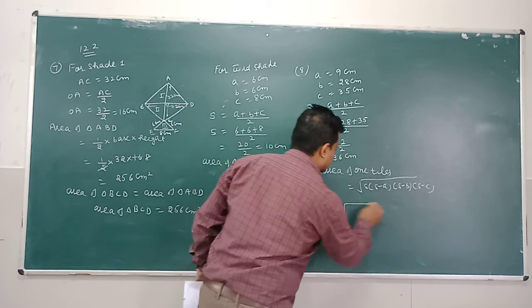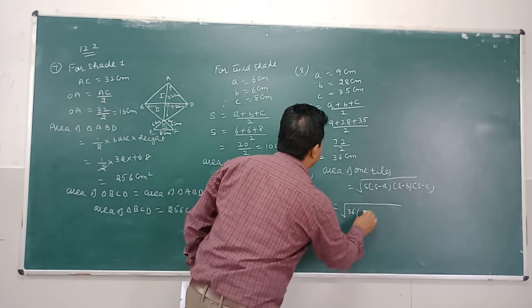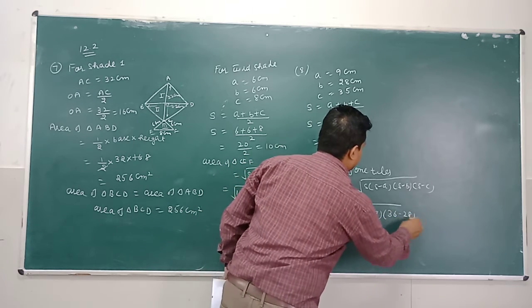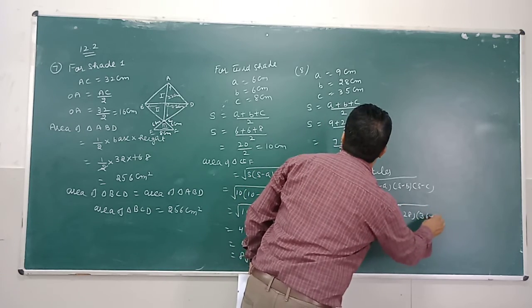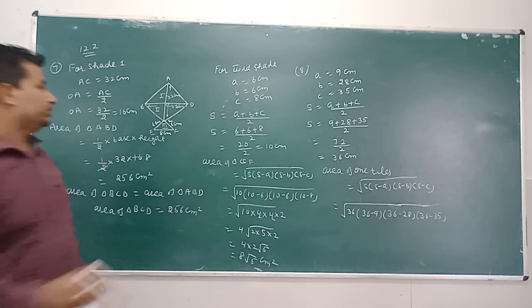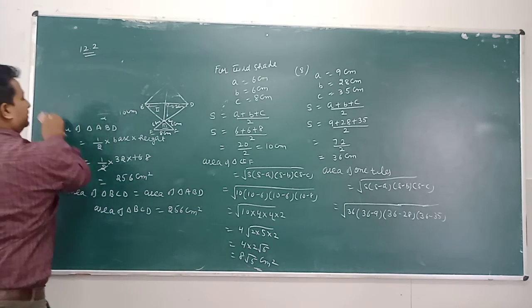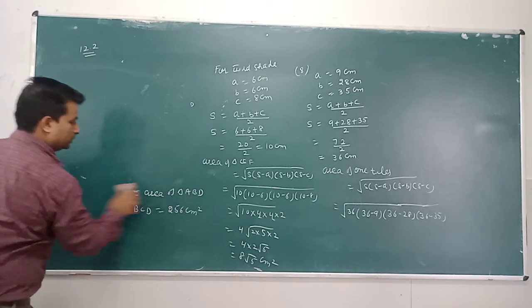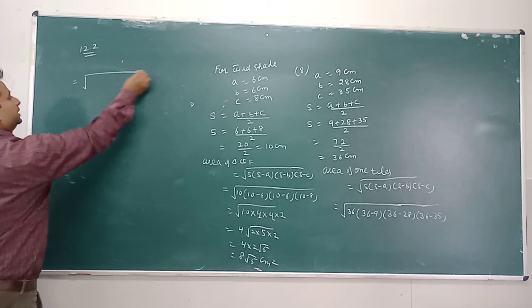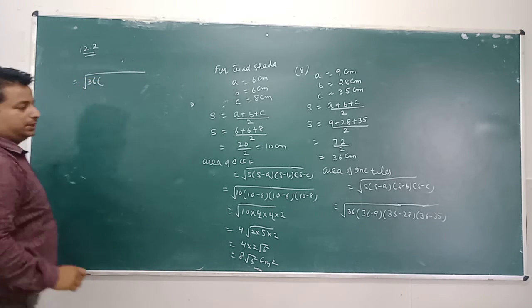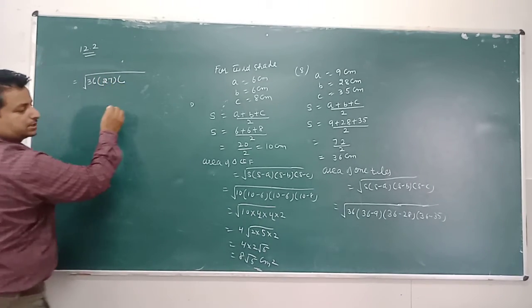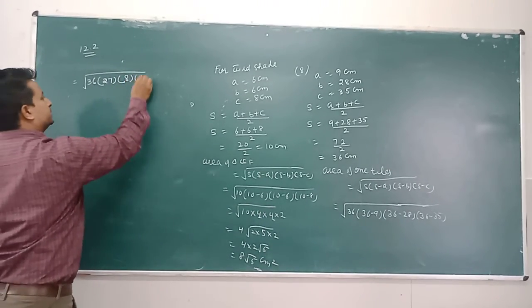Here S is 36, so 36 minus 9 is 27, 36 minus 28 is 8, and 36 minus 35 is 1.